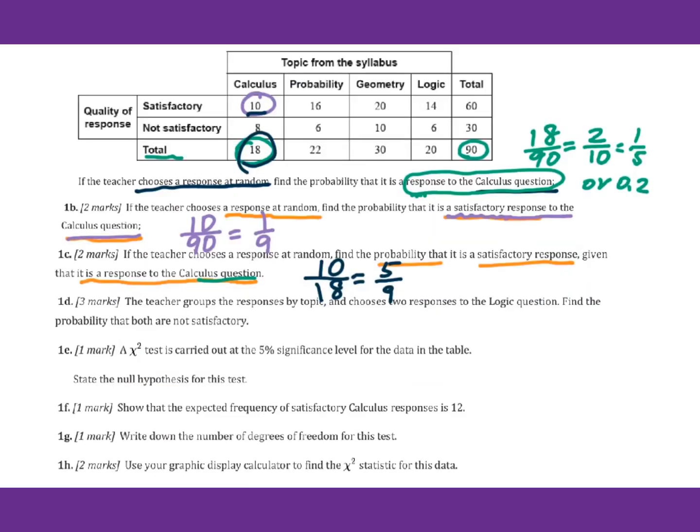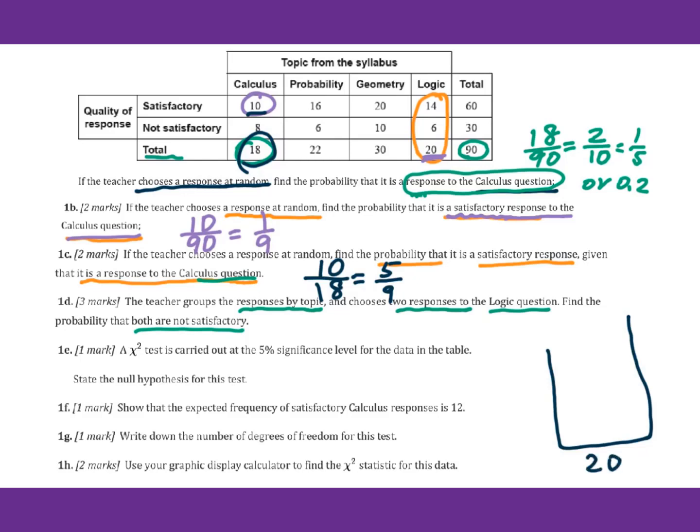Look at 1D. The teacher groups the responses by topic and chooses 2 responses to the logic questions. Find the probability that both are not satisfactory. We go to logic responses. Altogether is 20. Suppose all responses to this logic are in this bag.